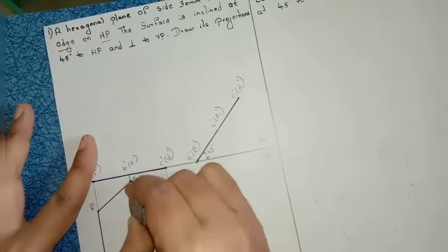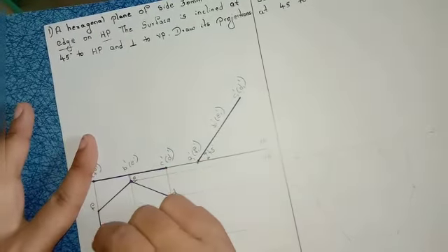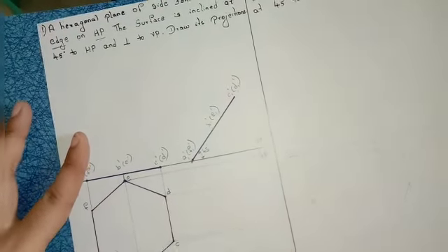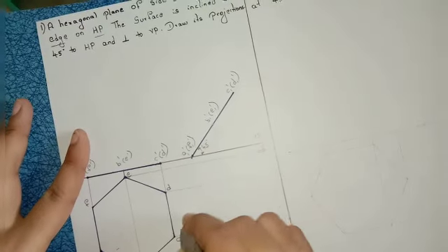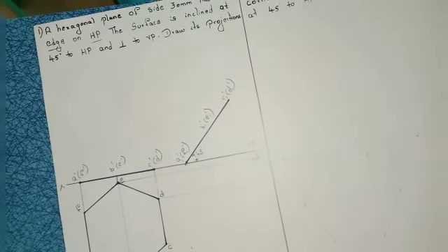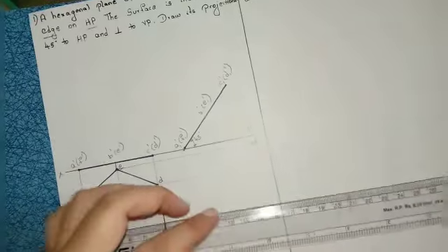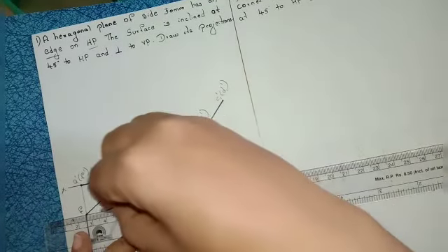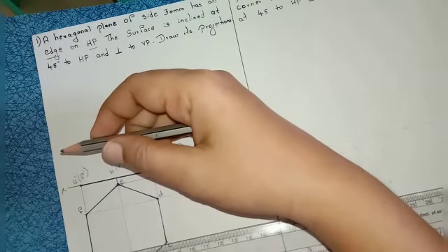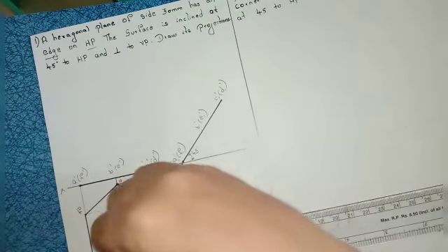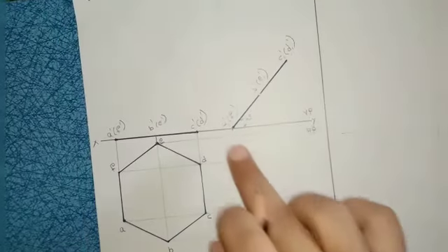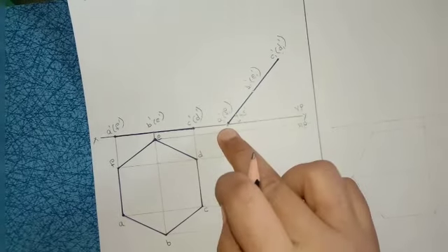So from all the corners you should draw horizontal lines, joining two points, the line should be in horizontal manner, in a straight line. So again I am drawing from F to D here, and again from here A to C.